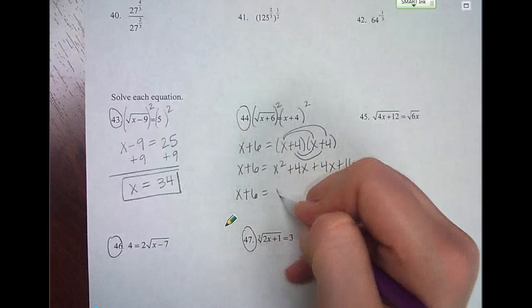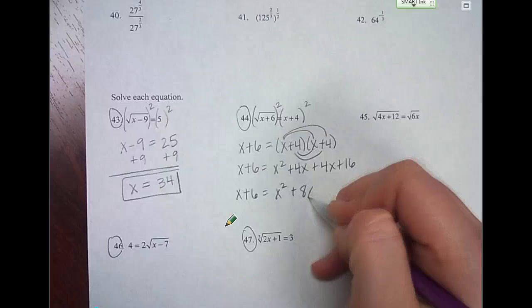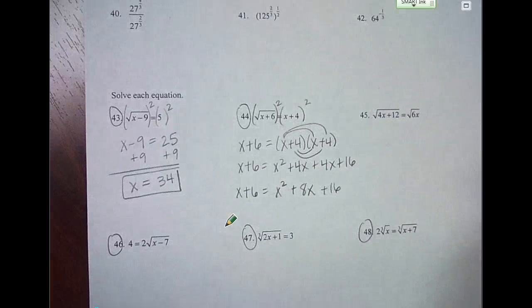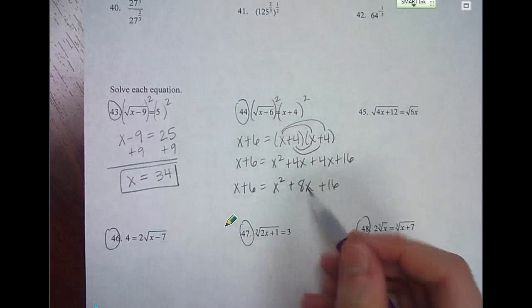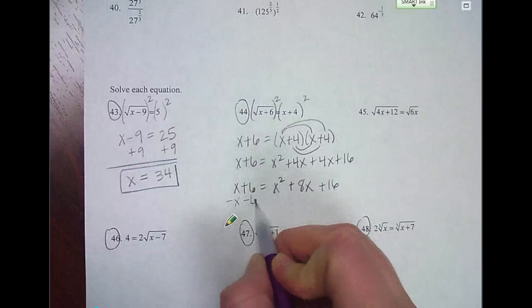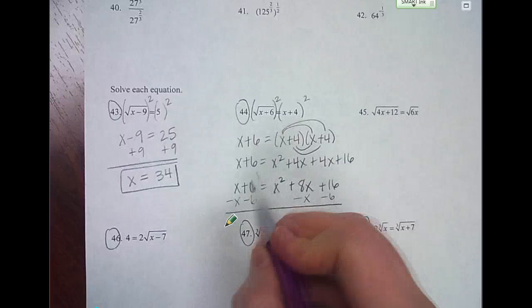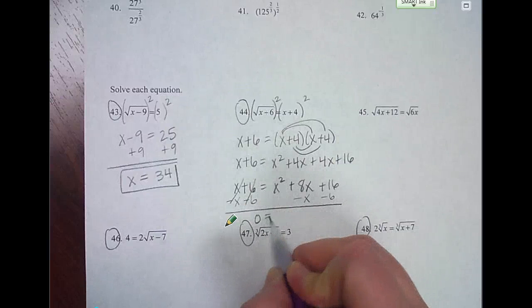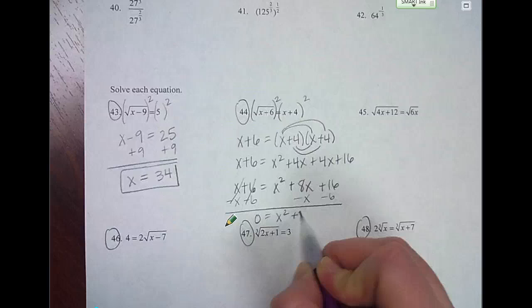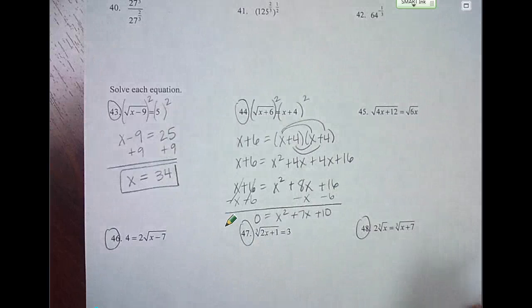So that becomes x squared plus 8x plus 16. I'm going to move everything to the right-hand side. So I'm going to subtract x and subtract 6. So gone and gone. So 0 equals x squared plus 7x plus 10.